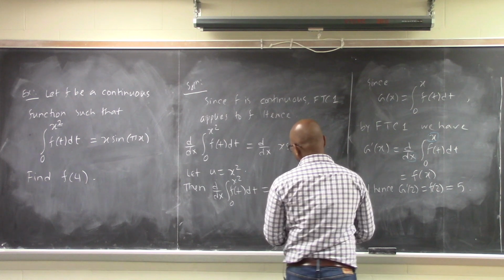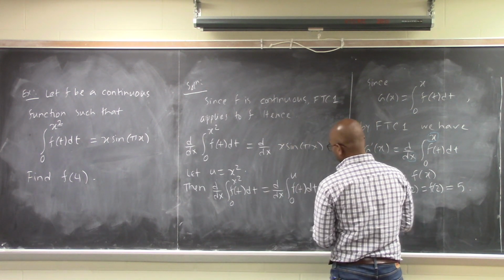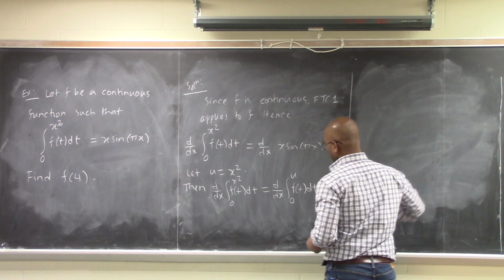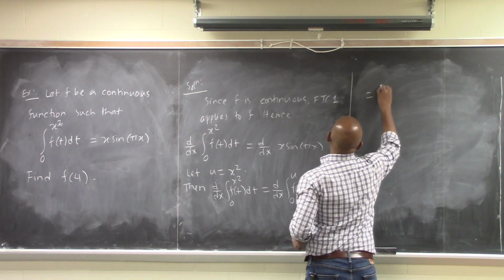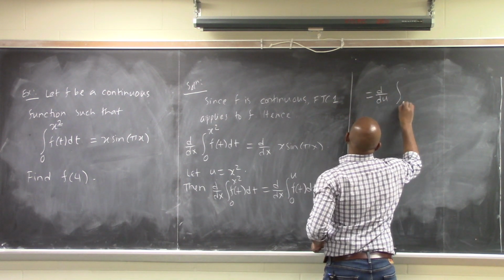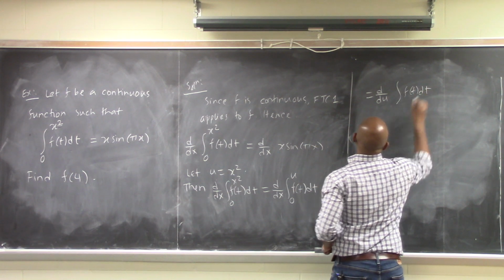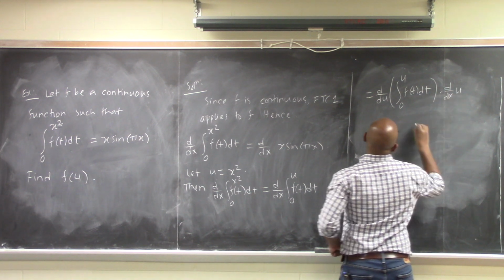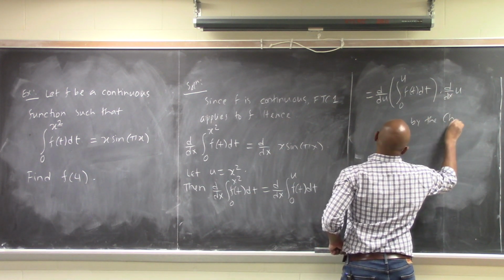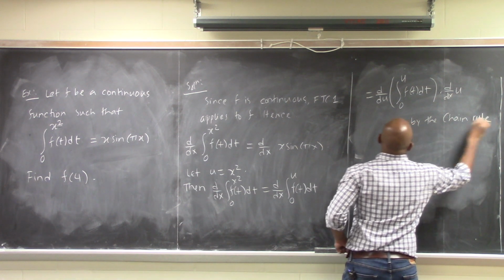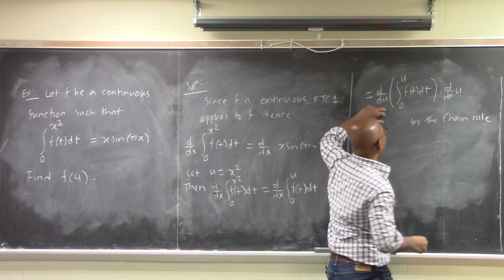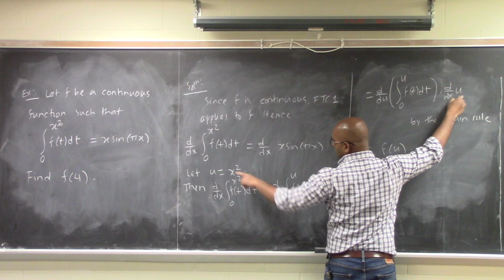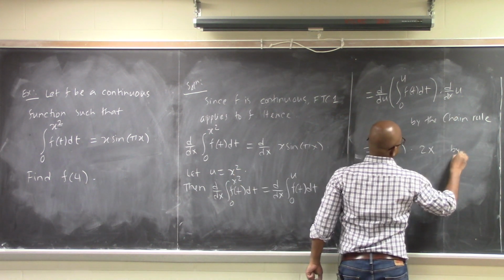But you cannot do that directly because you need to have the same thing here and there. So you are going to use the chain rule. Now this thing equals d/du of the integration of f from 0 to u times d/dx of u by the chain rule. And then by FTC1, this is f of u. And the derivative of u with respect to x is just 2x.